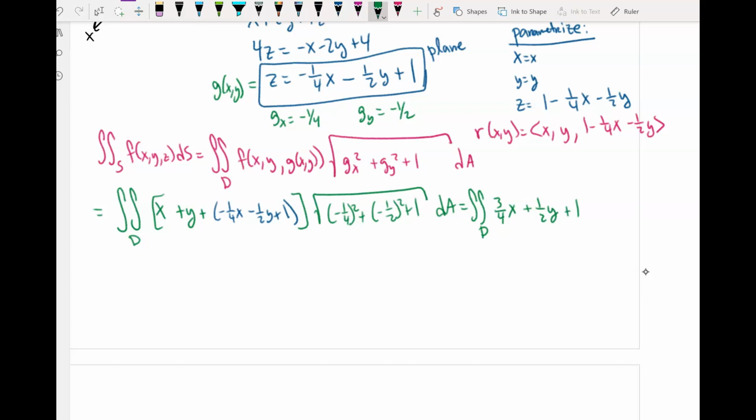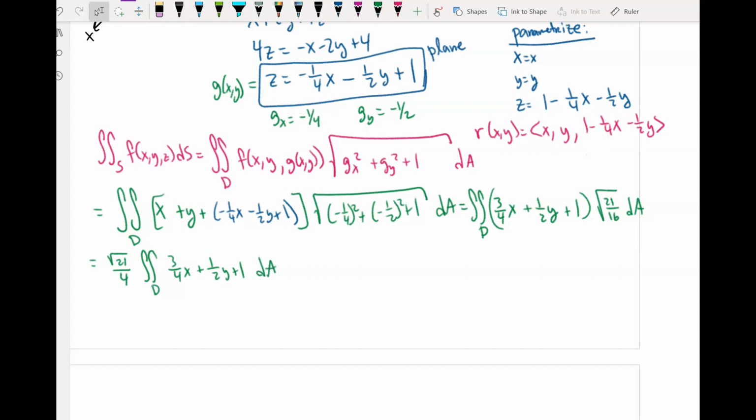Here, this is 1 over 16 plus 1 over 4 plus 1, so that's going to give me square root of 21 over 16 dA. I'm going to take that out. So square root of 21 over 4, double integral over the region D, of 3/4 x plus 1/2 y plus 1 dA.